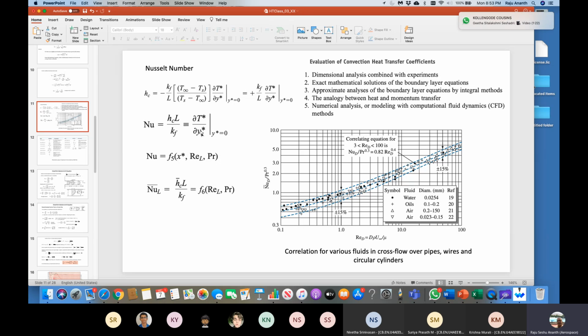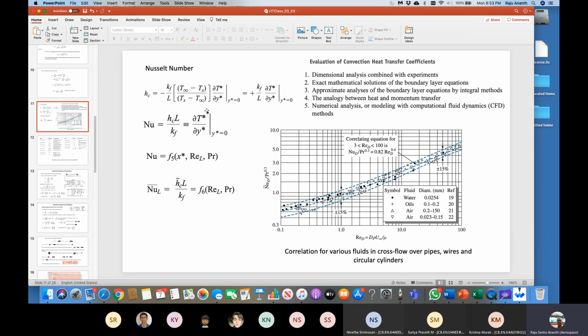So dT/dy at y equals 0, T infinity becomes Ts. So this becomes minus, and minus minus becomes 1. So it's really kf over L times dT*/dy*. So if I get a non-dimensional temperature plotted as a non-dimensional y variable, the slope at y equals 0 multiplied by this kf over L gives me the heat transfer coefficient.